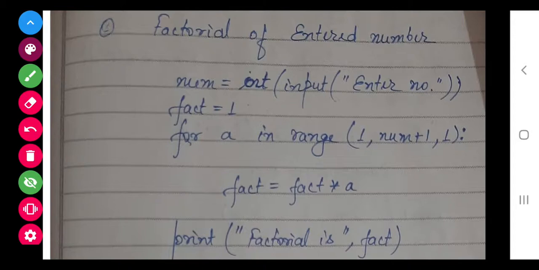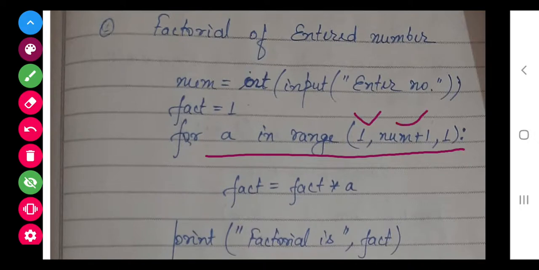So class, let's proceed. The first statement that I have given is to ask the user to enter the number. Suppose user enters 5, then we have to get the factorial of 5. So for that we have to run a for loop which should go from 1 to 5.